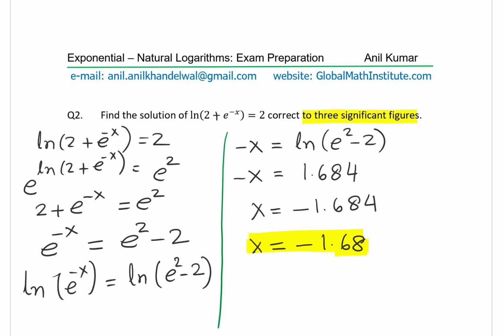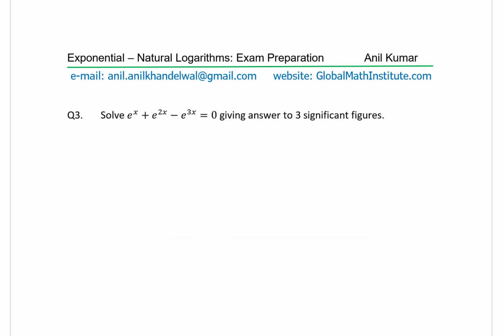Let's take the next question, which is question number 3. Now we have an equation in e this time. Let's see how to solve this. So let's arrange them with highest power. So we get minus e to the power of 3x plus e to the power of 2x plus e to the power of x equals to 0.